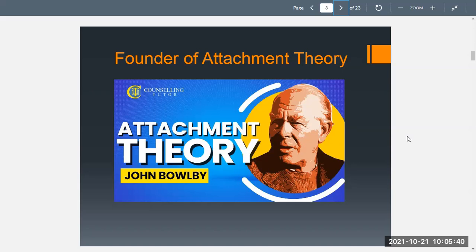So our role is to be more of a guide, obviously as his parents, to allow him to think critically, to express himself, and to express his positive and negative emotions.